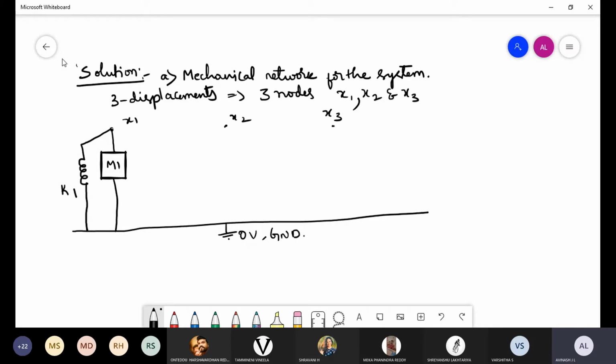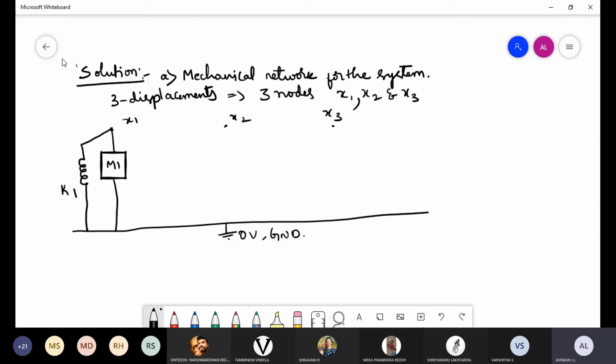No. All the other things are connected between x1 and x2, and x1 and x3. In turn, from m1 to m2 or m1 to m3 they are connected. The only things connected from ground are m1 and k1. Now between x1 and x2, with respect to m2, there is a b2 and k2 which are connected between m1 and m2, in turn between x1 and x2.